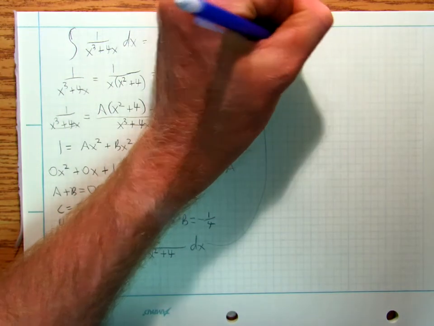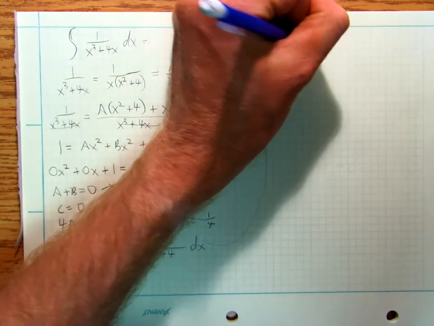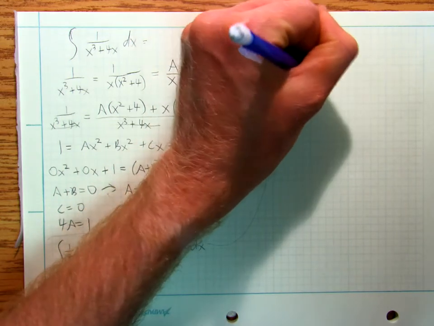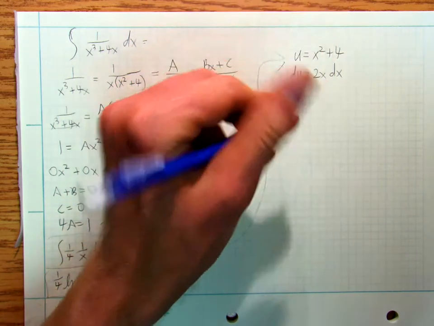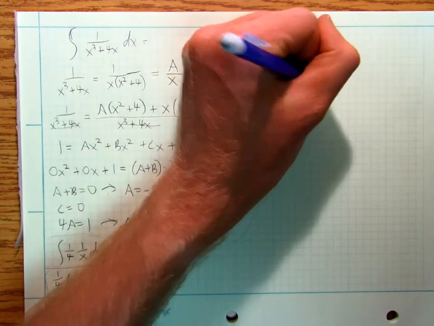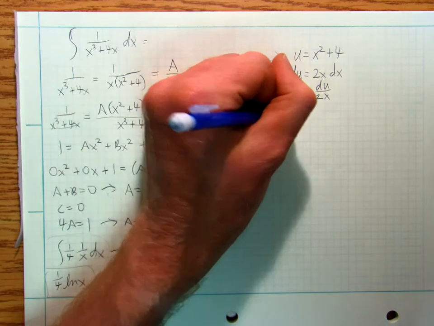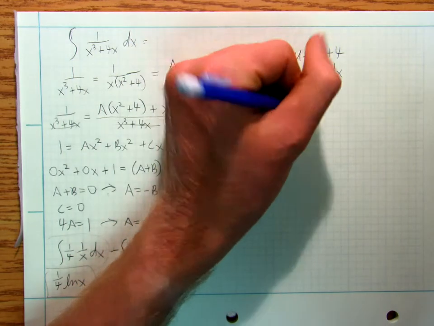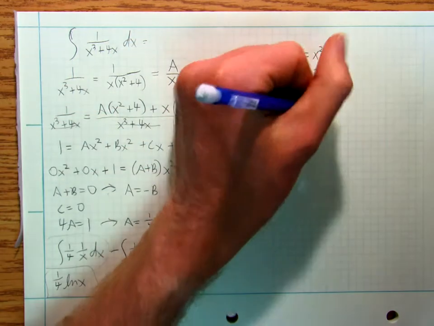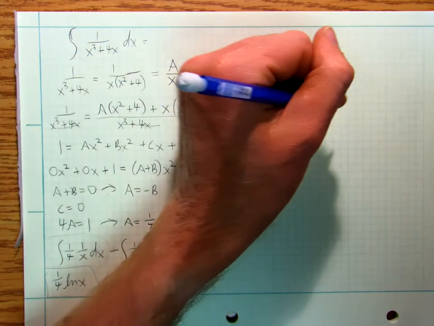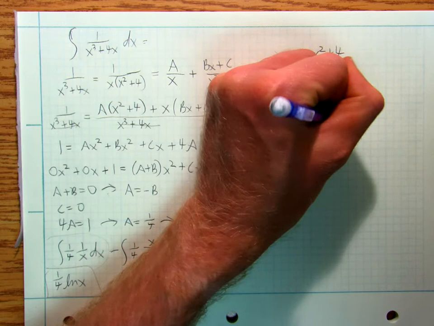I'm going to say u equals x squared plus 4. du is equal to 2x dx. dx is equal to du over 2x. So I'm going to have minus 1/4 the integral of x over u du over 2x.